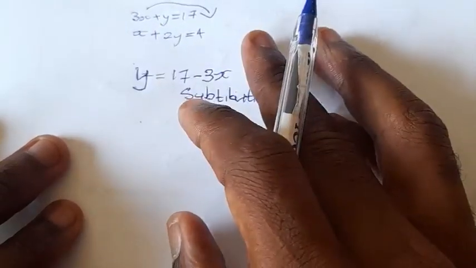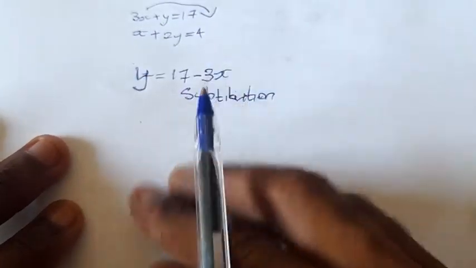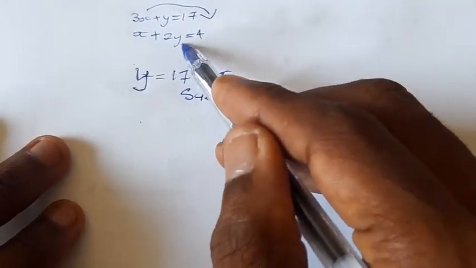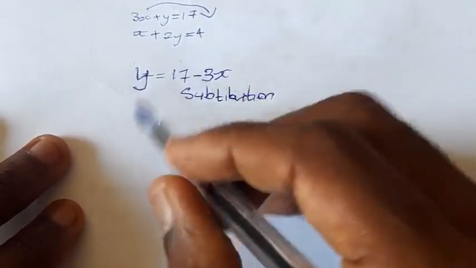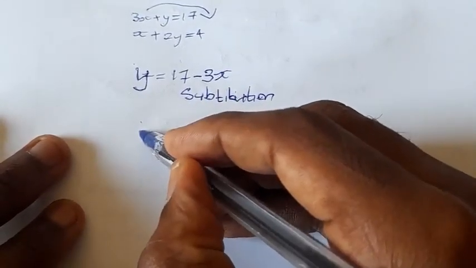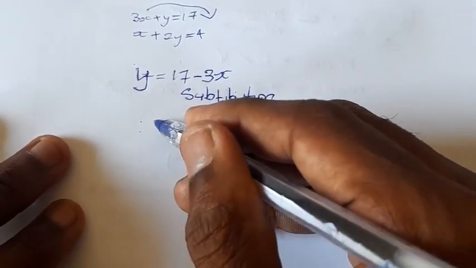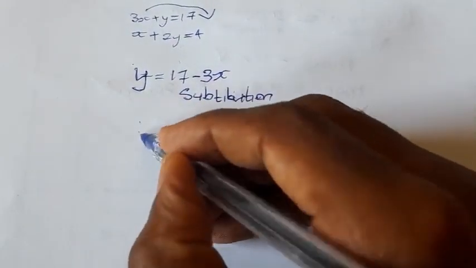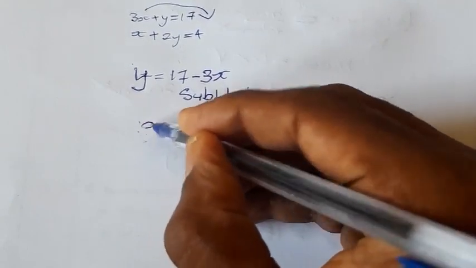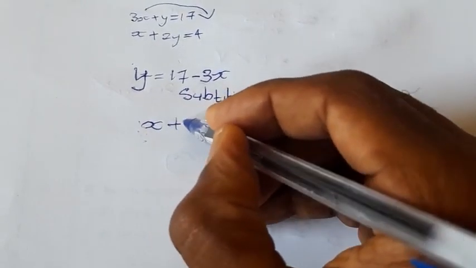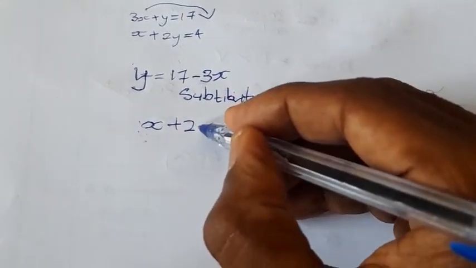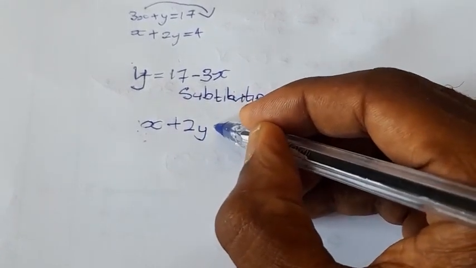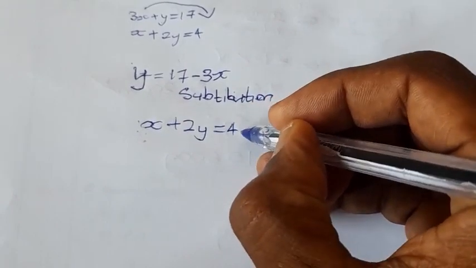We know about y. What are we going to use right now? On these two, let's test with this one. We already got y, so we write x plus 2y is equals to 4.